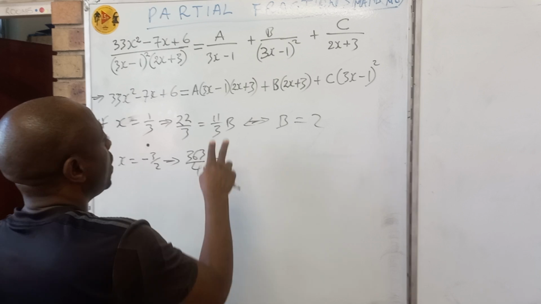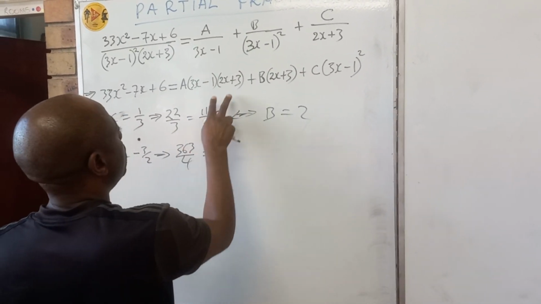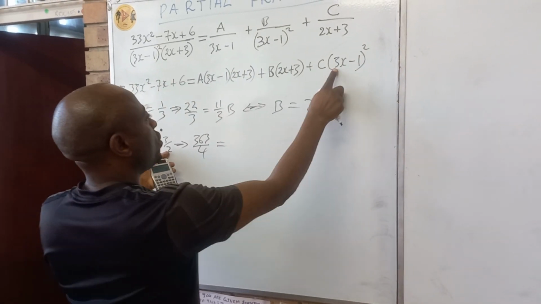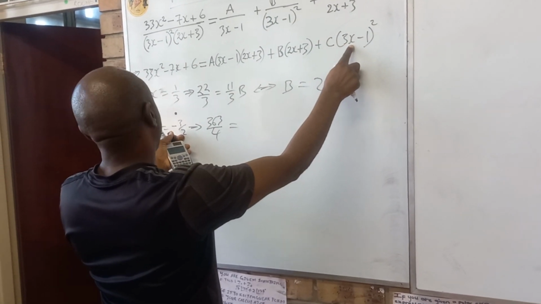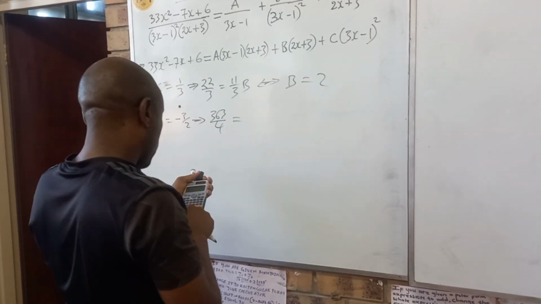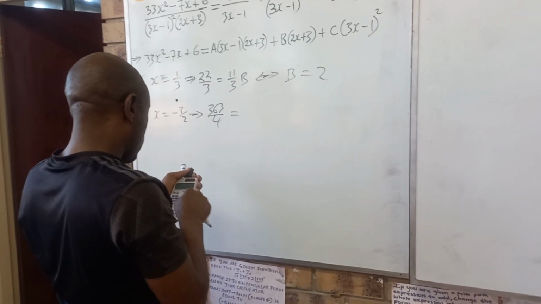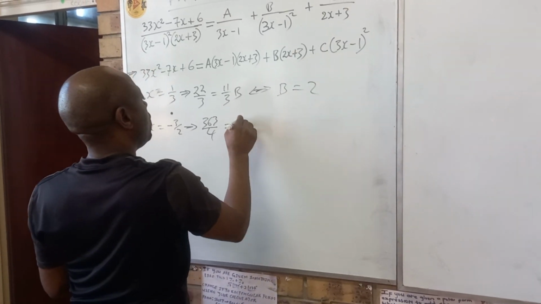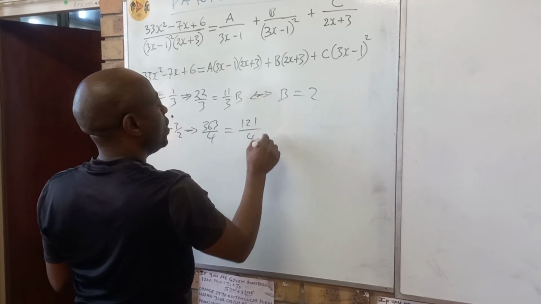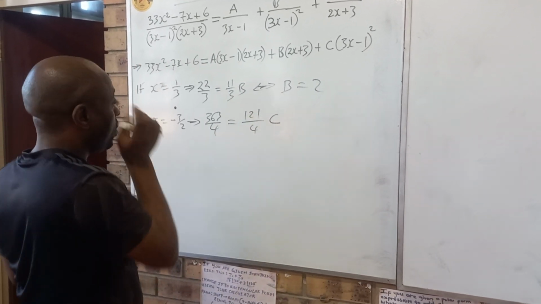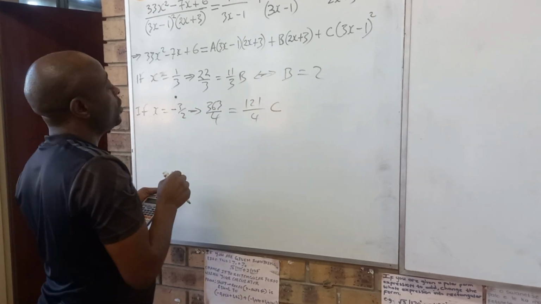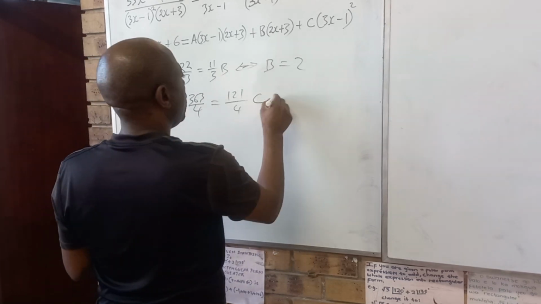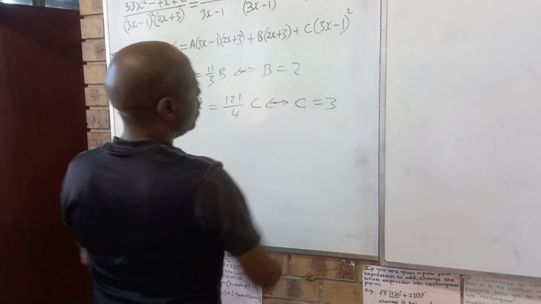On the right, negative 3 over 2 comes from 2x plus 3, so this is 0, this is 0. Then I'll put negative 3 over 2 there, times 3, that's negative 9 over 2, minus 1, which gives you negative 11 over 2. If you square it, 11 squared is 121, 2 squared is 4, times C. So 4 will take care of 4, and you'll simply be taking 363 divided by 121, that gives you 3. So it shows that C is equal to 3.